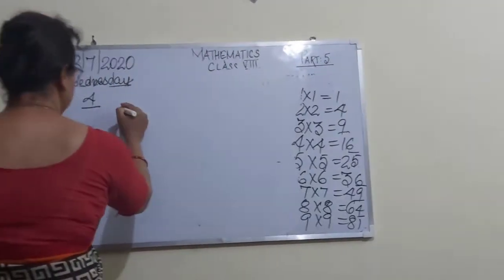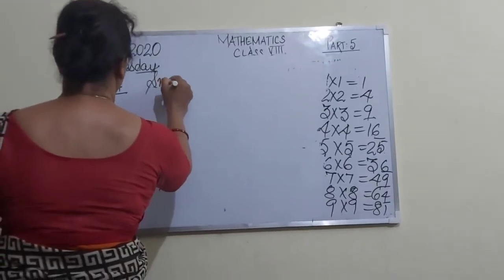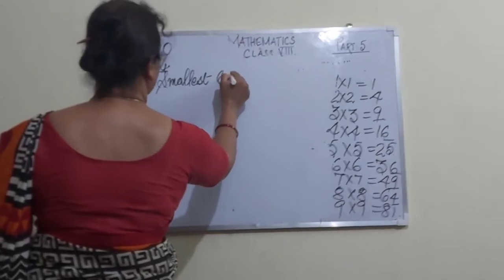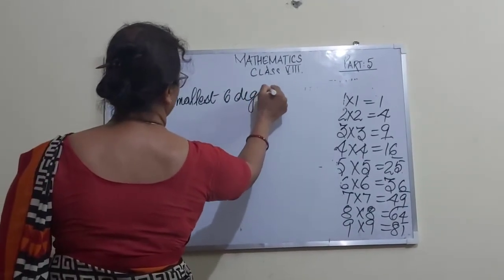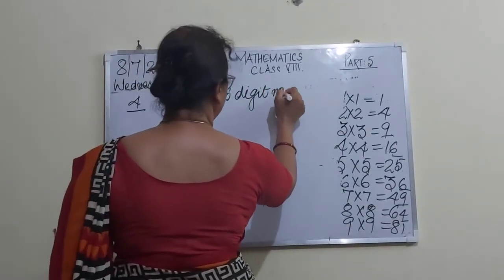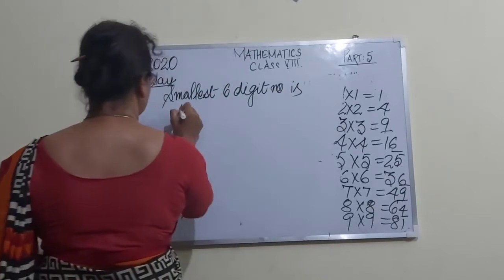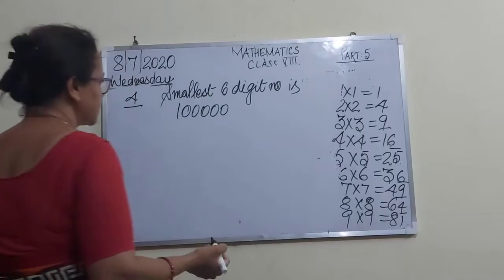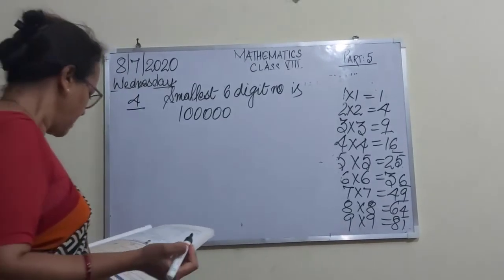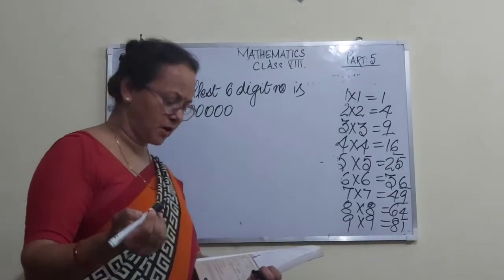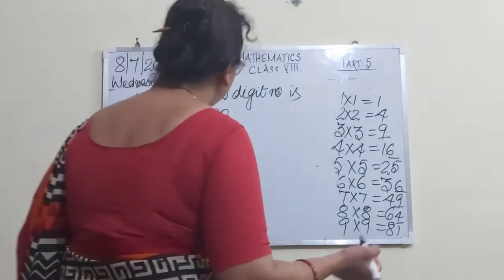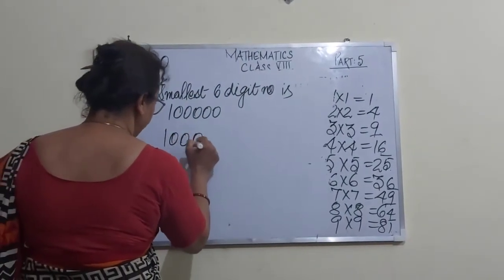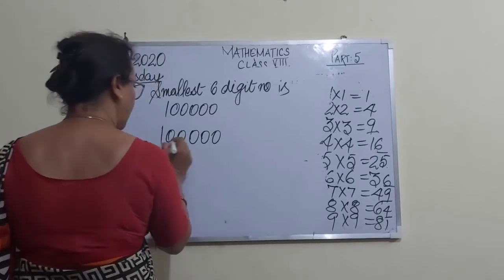So the smallest 6-digit number is 1, 0, 0, 0, 0, 0. They are saying find the smallest 6-digit number which is a perfect square. First of all, we have to try to find out whether it is a perfect square or not.